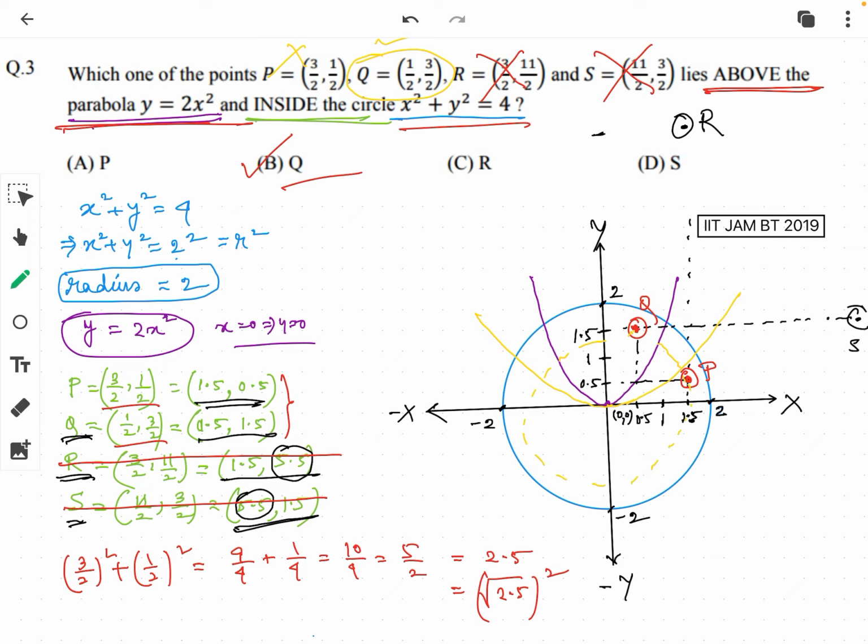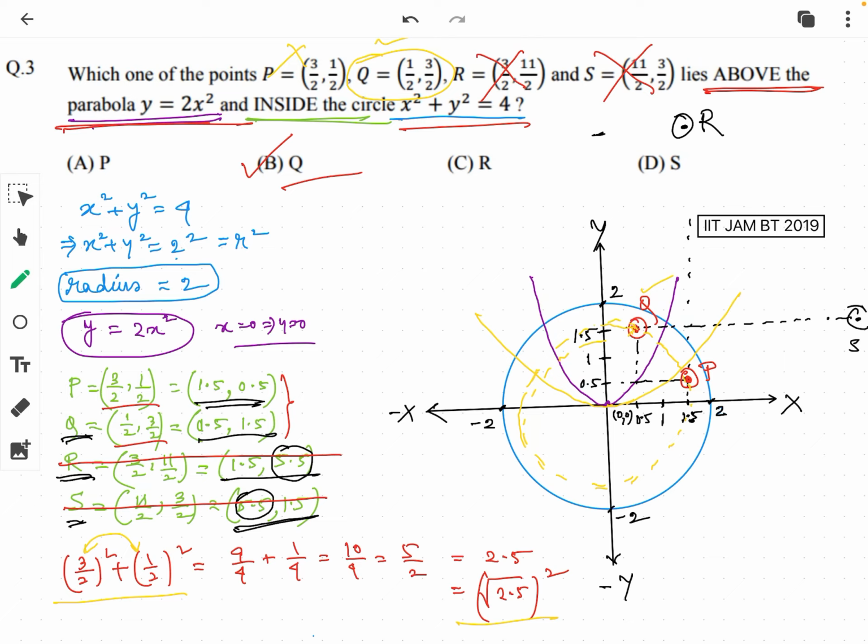And if you put Q in place of P, you will get the same equation, just these two will be interchanged, because in case of P and Q, this x and y are interchanged, right?